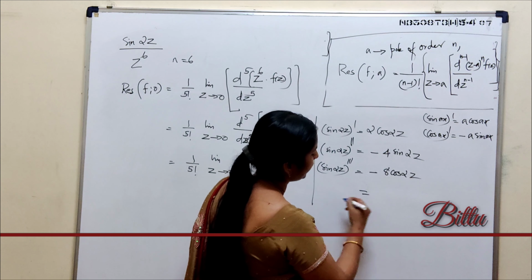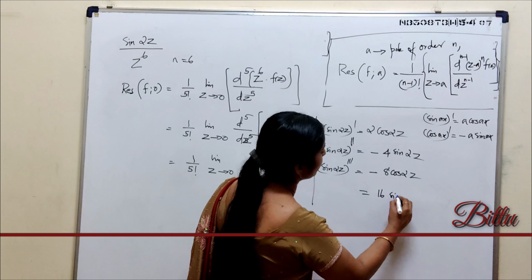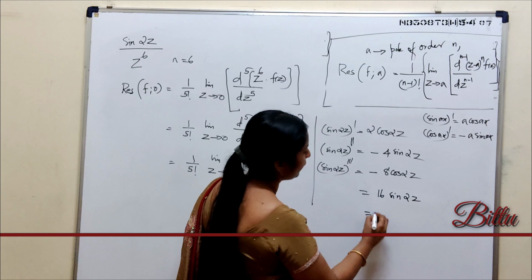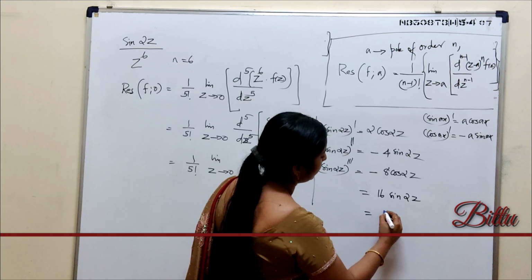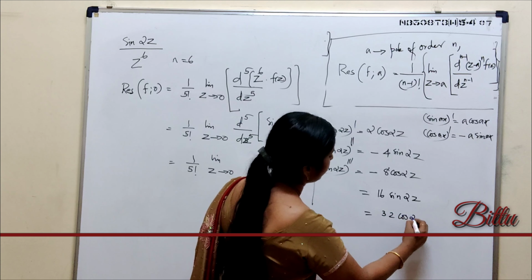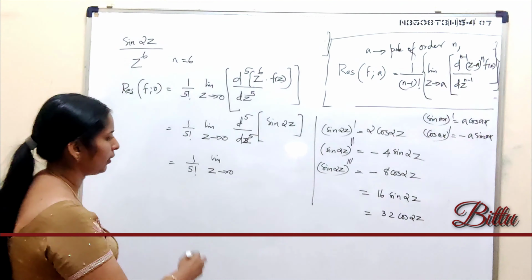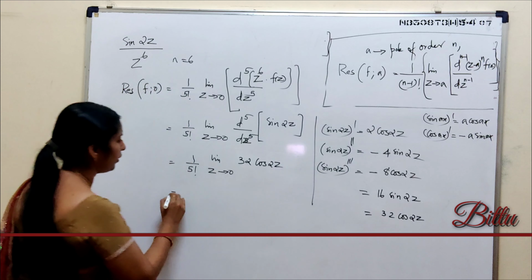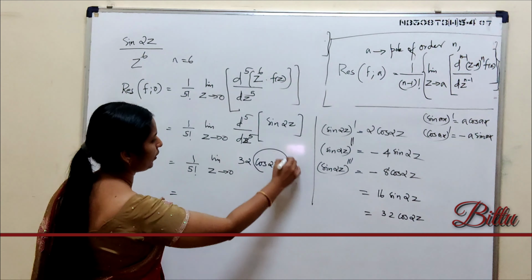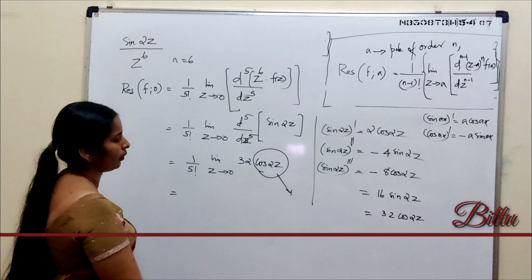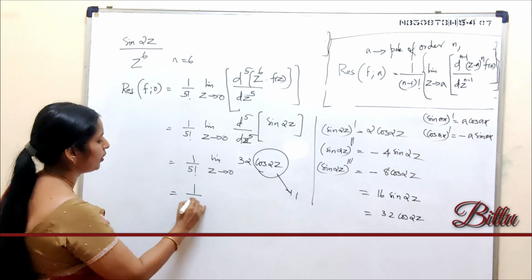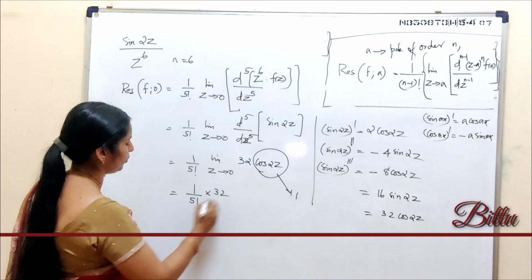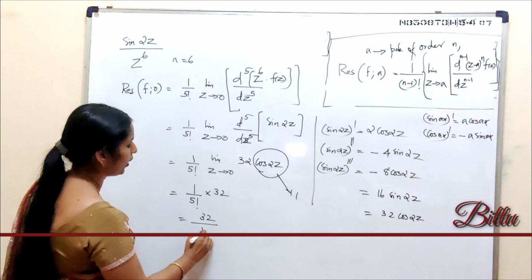Its fourth derivative is 16 sin 2z. Its fifth derivative is 32 cos 2z. So here you have to write 32 cos 2z. Here you put z equal to 0. Then you can see cos 0, which is 1. So the answer is 1 by 5 factorial into 32. That is 32 by 120.